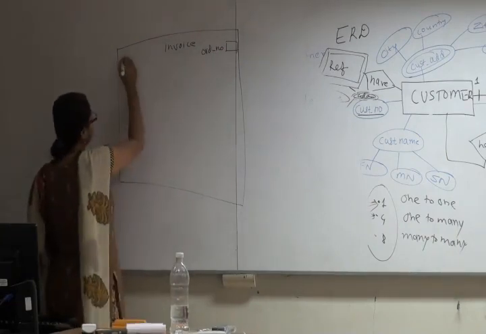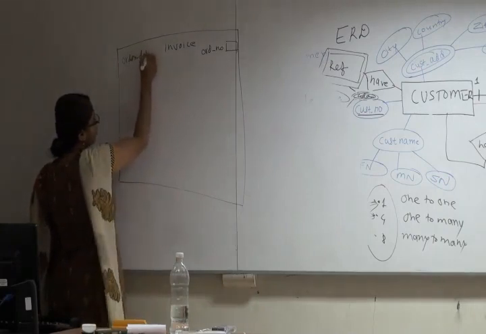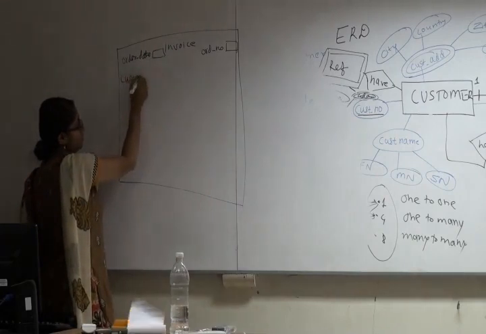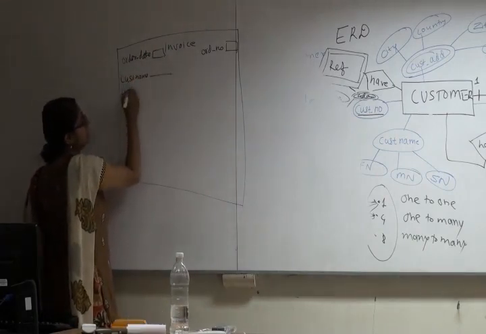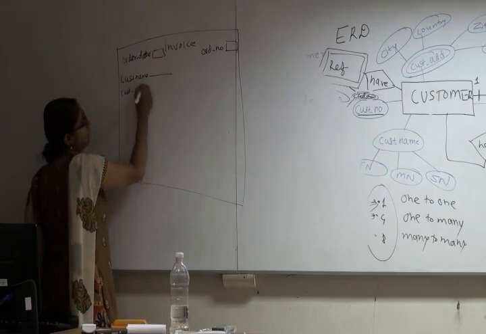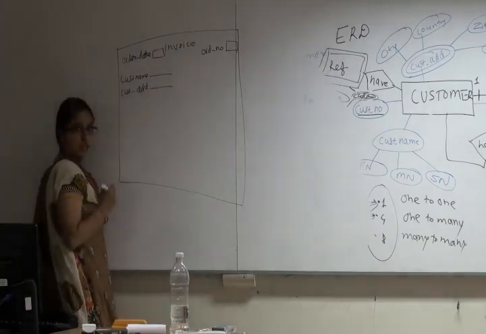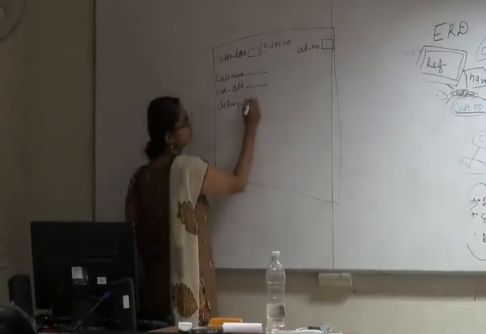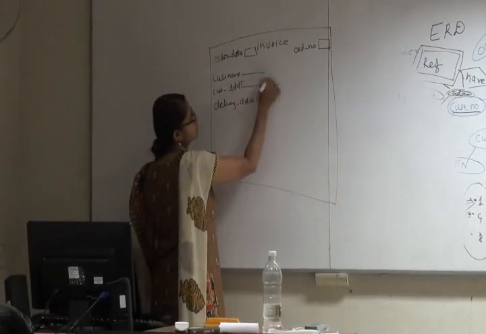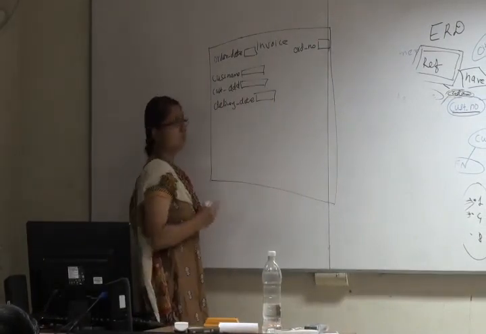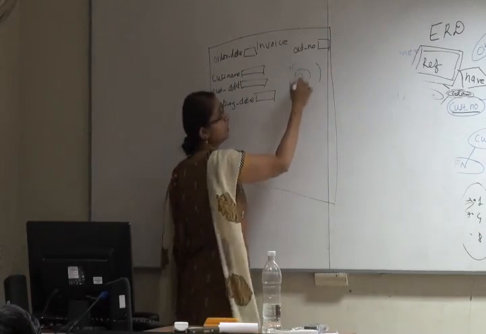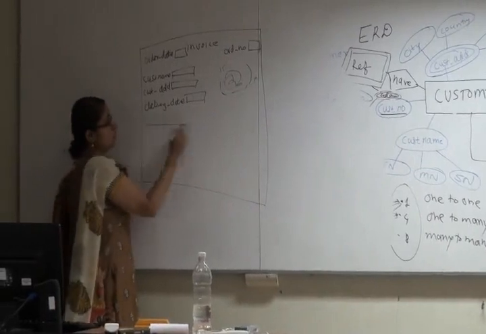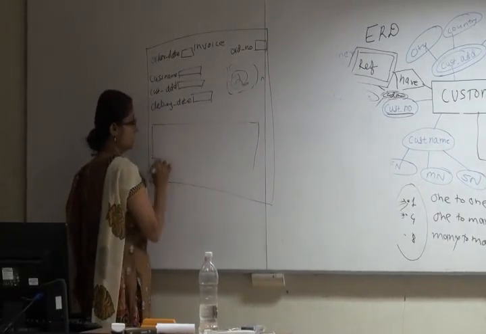Then you can have the order date, then you are having customer name, customer address, then you can say delivery date. Something here, your company logo will be there, and then down you will be having the details of your items.